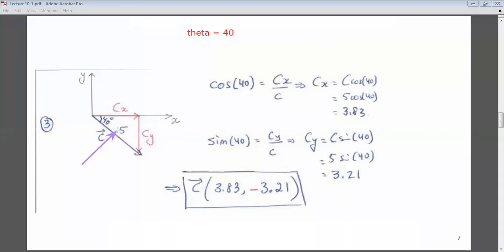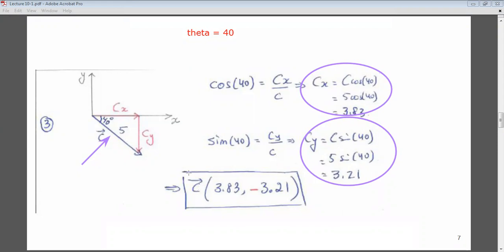This is vector C. And this is the CX and the CY. So again, you can directly say CX is C cosine the angle, and CY is C sine the angle. Okay. C is 5, the angle is 40. I do the calculation on the calculator.